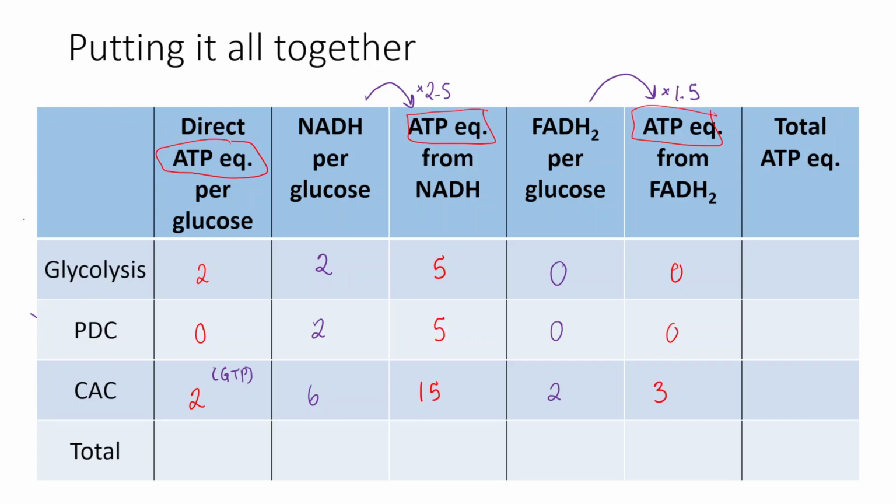So if we go across, for glycolysis, 2 and 5 and 0 gives you 7. For the PDC, 0 and 5 and 0 gives you 5. For the citric acid cycle, 2 and 15 and 3 gives you 20.